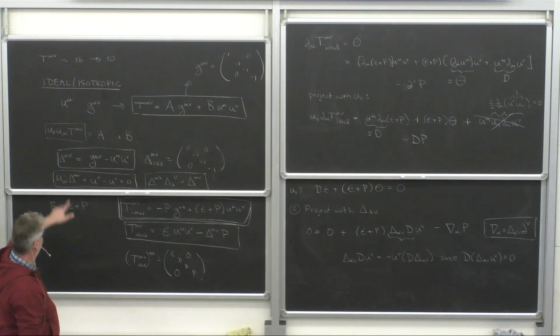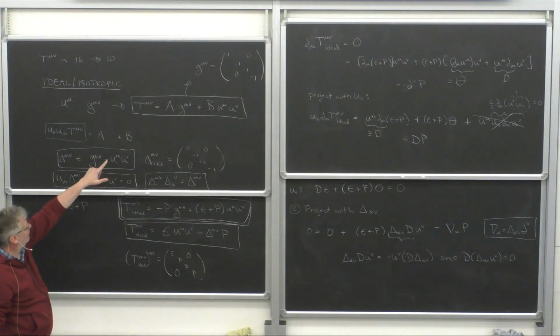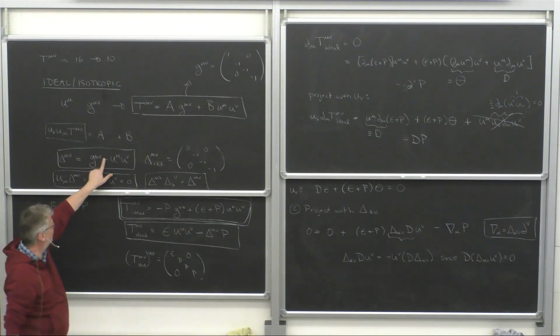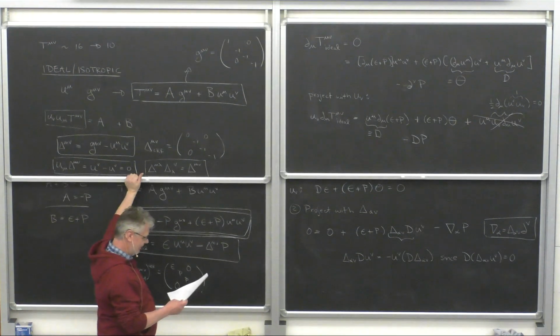I have to evaluate a derivative of this. Of course, my local metric is that nice flat one, so I'm working in Minkowski space. If you were in a curved space, you should be careful now. But in Minkowski space, this is zero. And then I get a derivative of one of these guys.